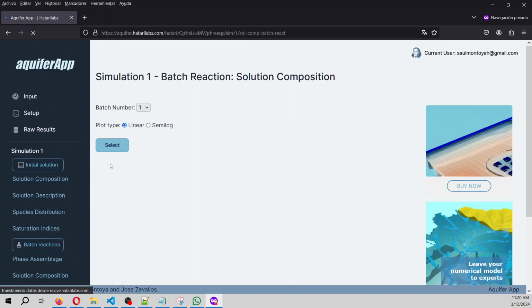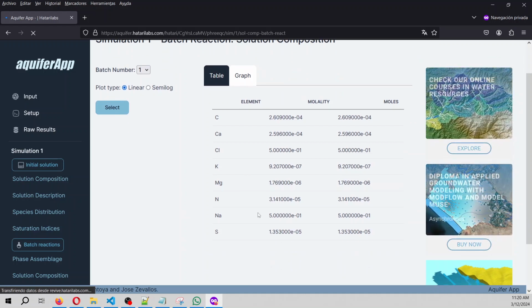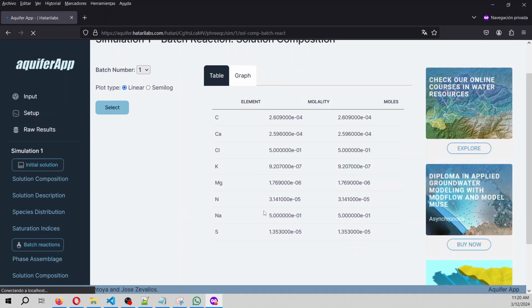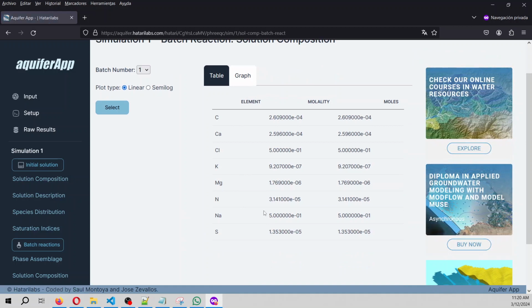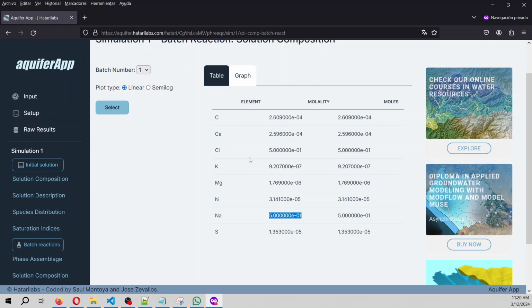We go to solution composition. In the first reaction, do you remember it was 0.25 times 2, so it's 0.5 moles of sodium chloride. So we have 5 and 5.